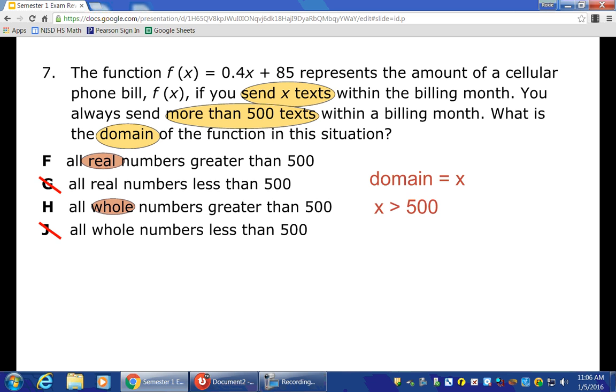Could we send part of a text message? Or is any text sent considered an entire message? Well, a cellular company is going to consider any text sent as a whole number. So H, all whole numbers greater than 500, is the correct answer.